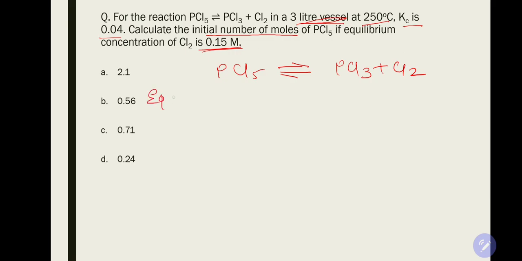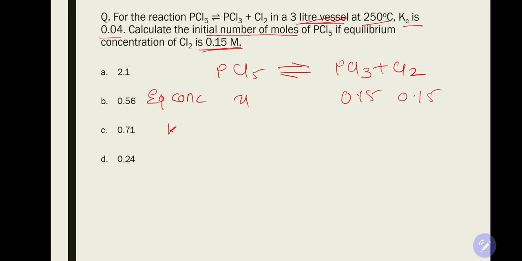At equilibrium, let the concentration of PCl5 be x, because we don't know it. But they have given you the concentration of PCl3 and Cl2, which will be the same, that is 0.15 and 0.15.